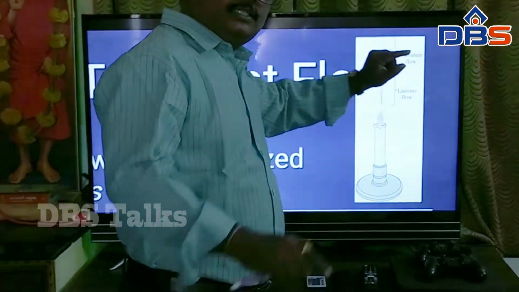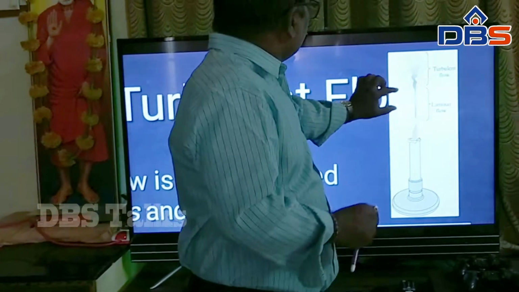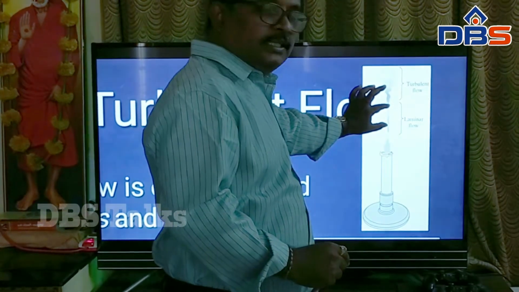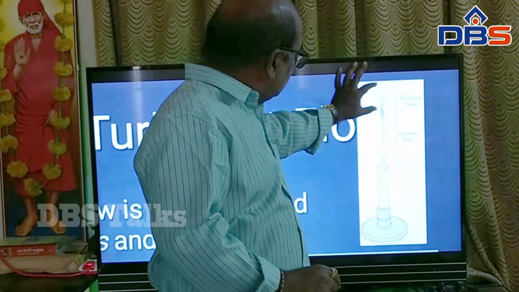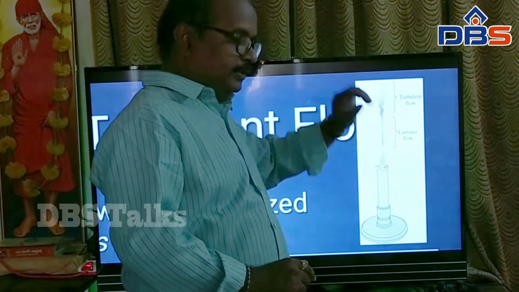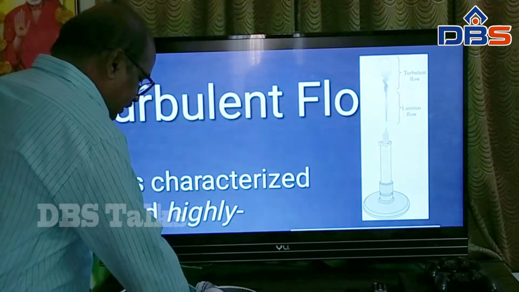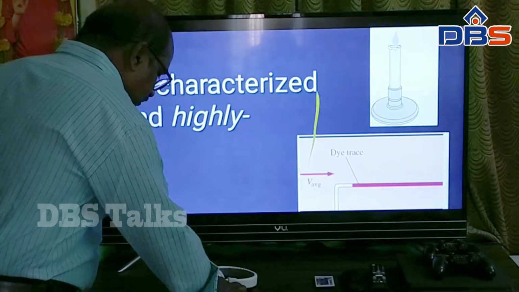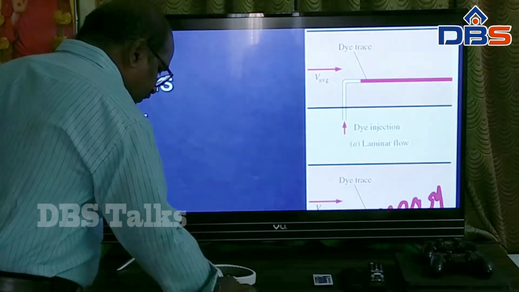After some distance, there will be zigzag. This streamlined portion is an example of laminar flow. This zigzag portion is an example of turbulent flow. Similarly, there is another example.